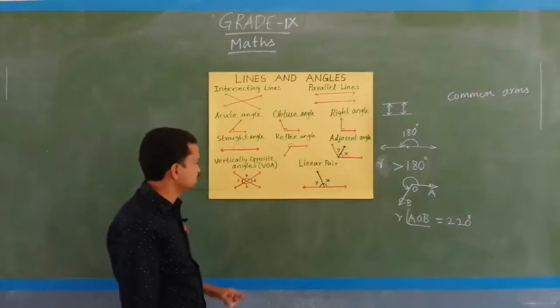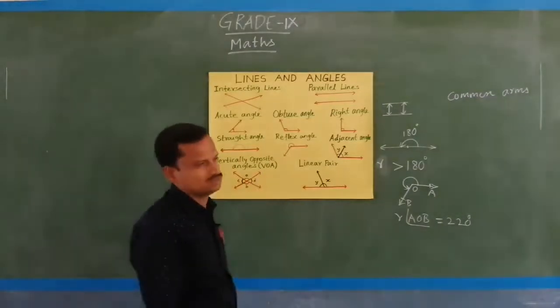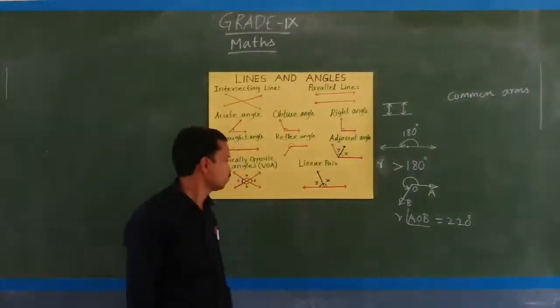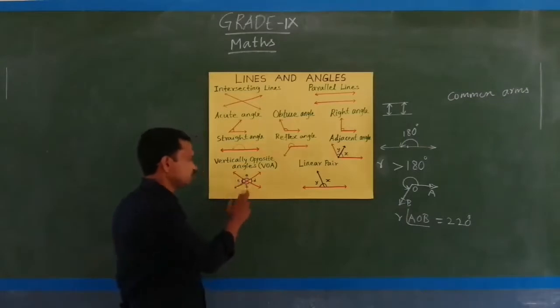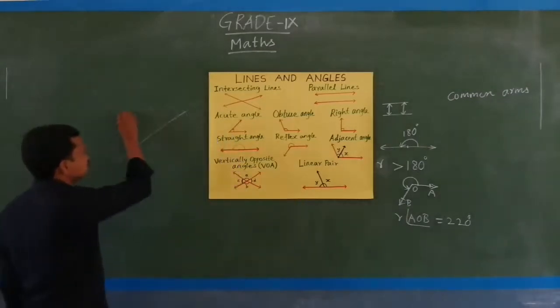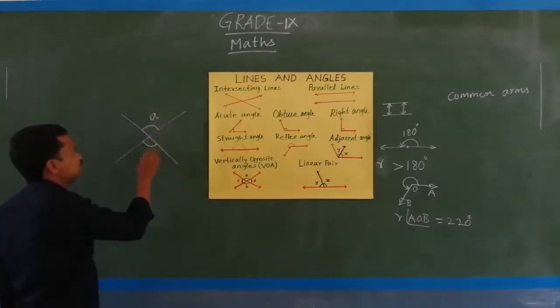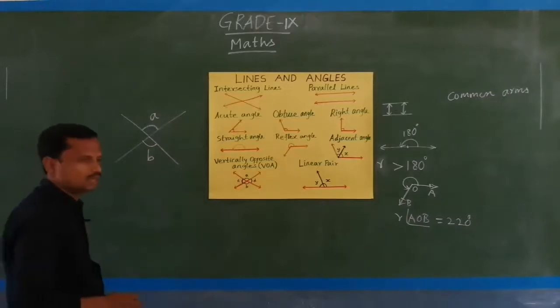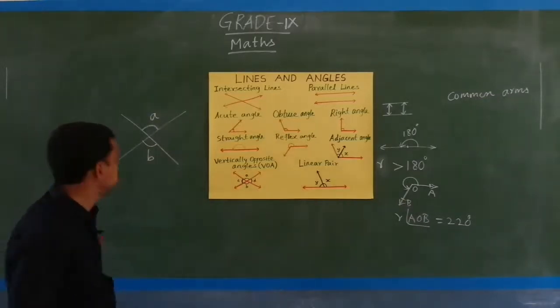If two lines intersect, these two angles, if you name them A and B, then A and B are equal, and they are called vertically opposite angles.